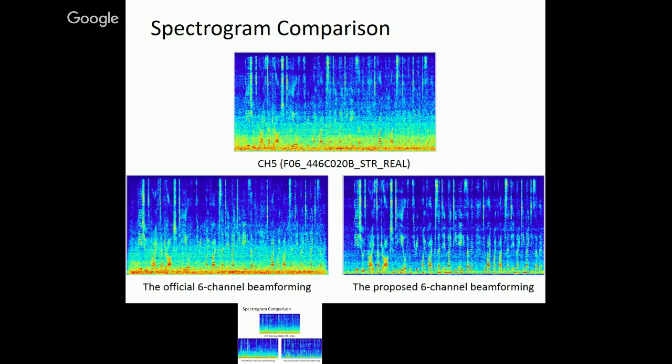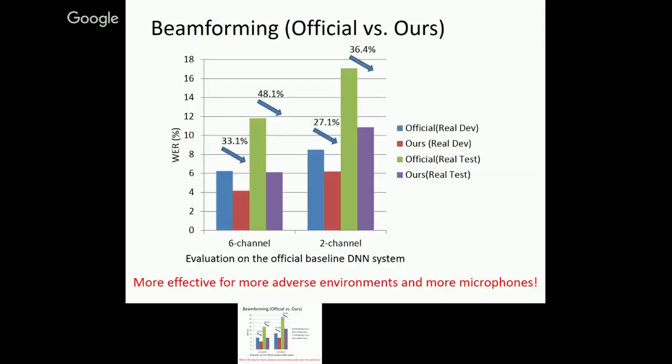And this is a spectrogram comparison between the officially provided beamforming and our proposed beamforming. You can see that for this example, with the channel 5 input, the officially provided beamforming does not remove much noise, and our approach is more aggressive in reducing the noise. And this is the recognition result.